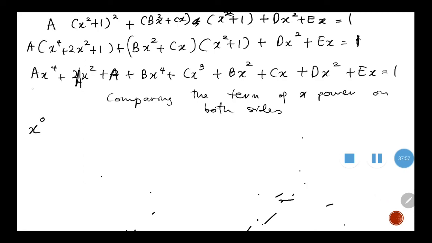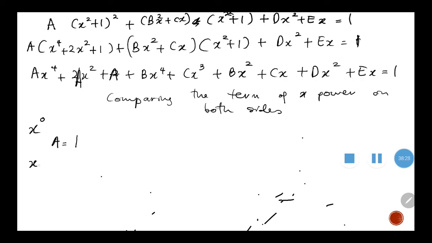From this equation here, which one is x to the power of 0? Is there any? Yes, there is, where a is, because x to the power of 0 is 1. So a is x to the power of 0 on this left hand side, and from the right hand side it is 1. So now we know the value of a is 1.